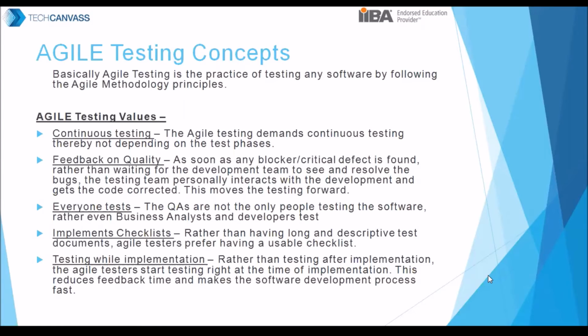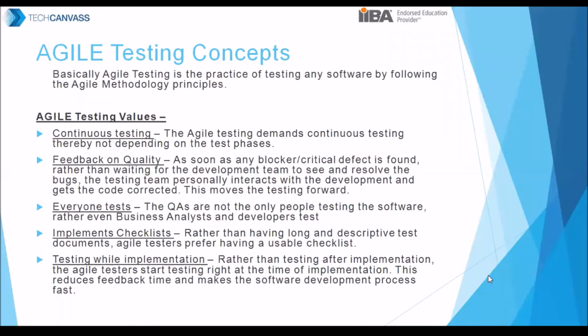Since it is in the implementation phase itself, the testing team can give their feedback if they get any issues or any usability problems. They can immediately go ahead and tell the implementers to implement it.